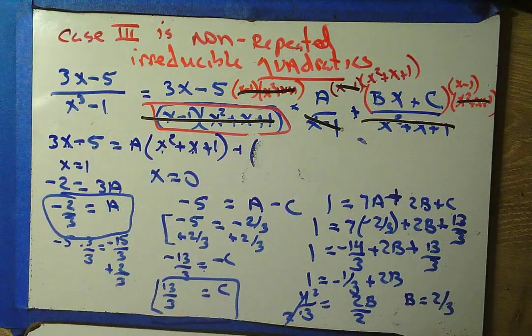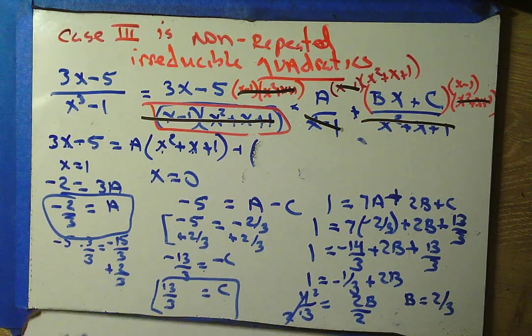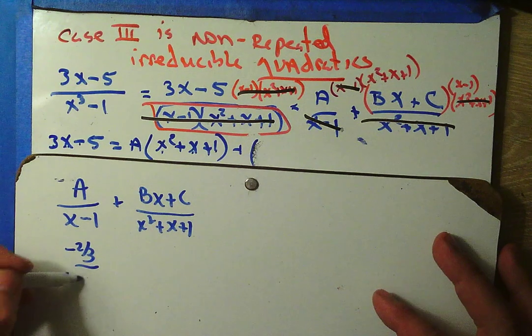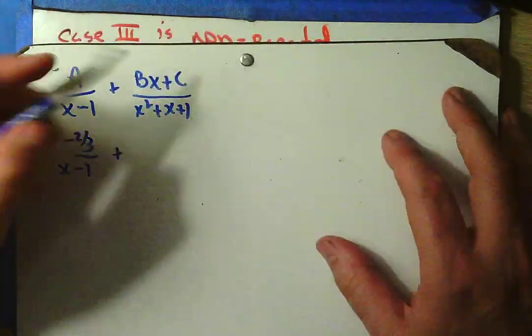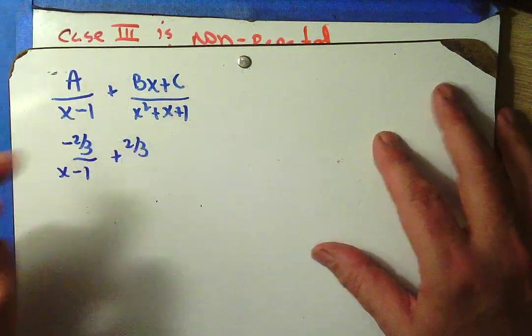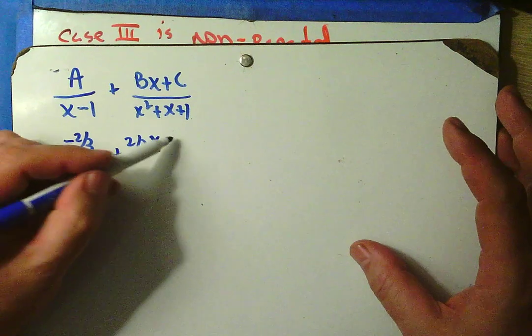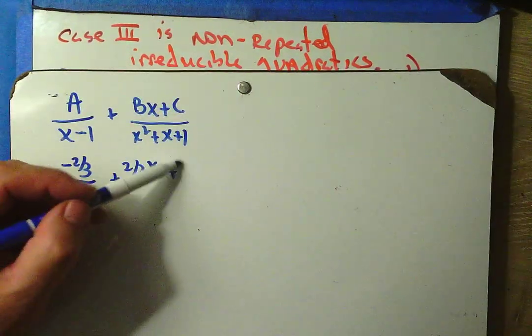And we're plugging in our negative 2/3 for a. And what do we have for b? We've got 2/3 for b. And what do we have for c? C was 13/3.